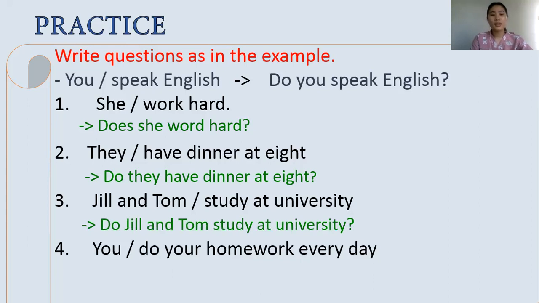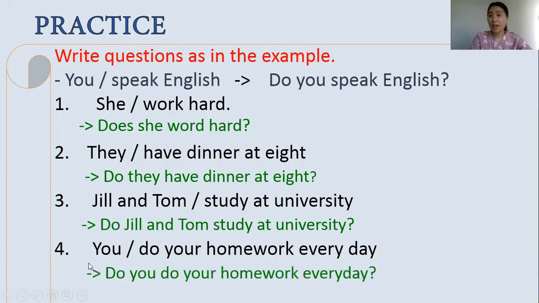And the last is: you do your homework every day. It's so easy. Okay, it's similar to question number 2. Okay, so the answer is: you do your homework every day.